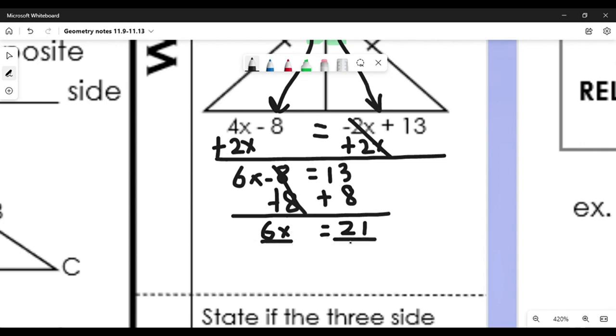Now I got to get rid of the 6 over here by the x. That means I'm going to be dividing by 6. So over here on the left, I'm finally left with x by itself. This 21 divided by 6 is going to give me a decimal. This decimal is going to be 3.5. So that means that this is what x is equal to.